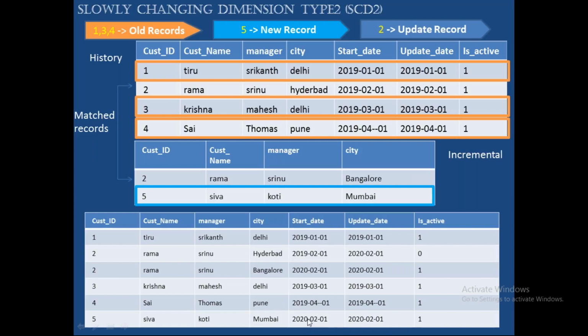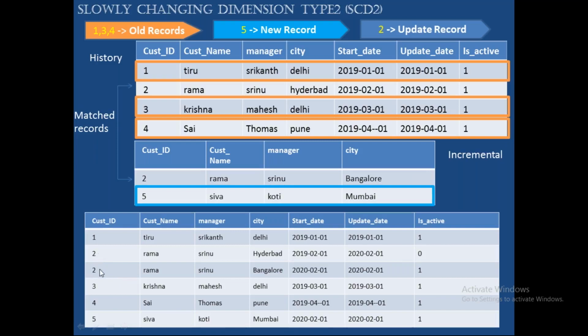The start date is when this particular record came into the system, so both happened at once. I received this record from the customer on the same day, and the same record I updated in the dimension also on the same day. Now this is the fifth record which is inserted into your dimension.